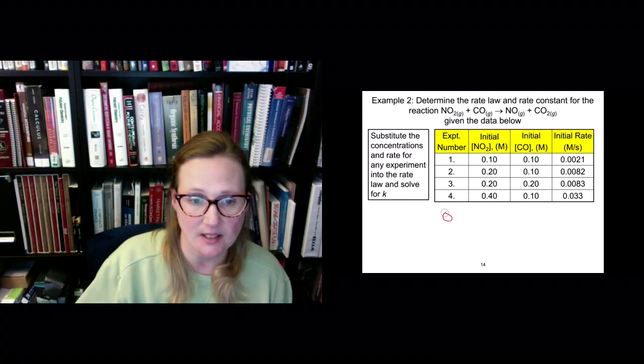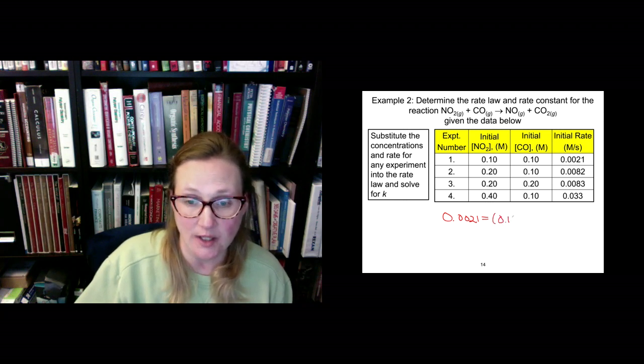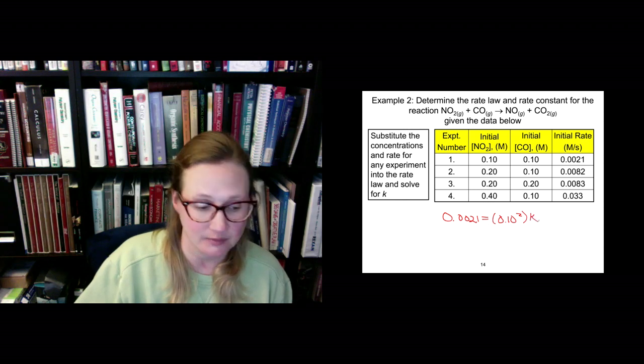So we can say 0.0021 is equal to 0.10 squared times k.